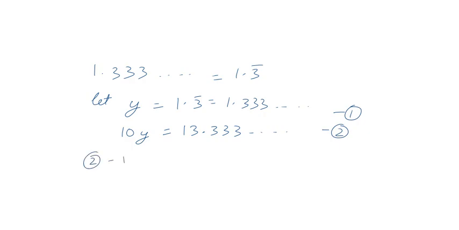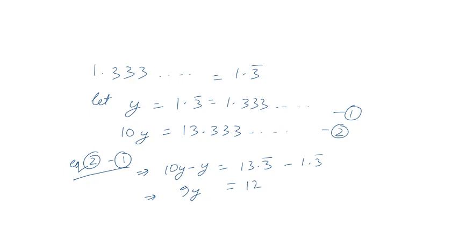Equation 2 minus 1 implies 10y minus y equal to 13.3 bar minus 1.3 bar, implies 9y equal to 12, implies y equal to 12 by 9, or if we simplify, it will become 4 by 3. Now if we divide 4 by 3 on a calculator, it will show exactly the same.